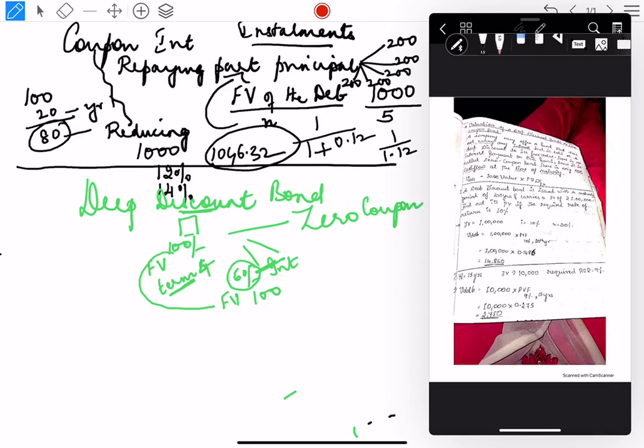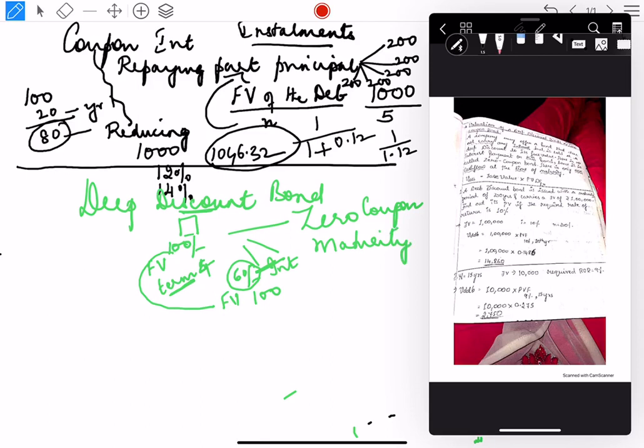A zero coupon bond is a bond on which no interest is paid, but it is offered at a discounted price, and at the end of a particular time period, the face value of the bond is repaid back to the investor. So there is only one cash flow from the company to the investor at the time of maturity of the bond.